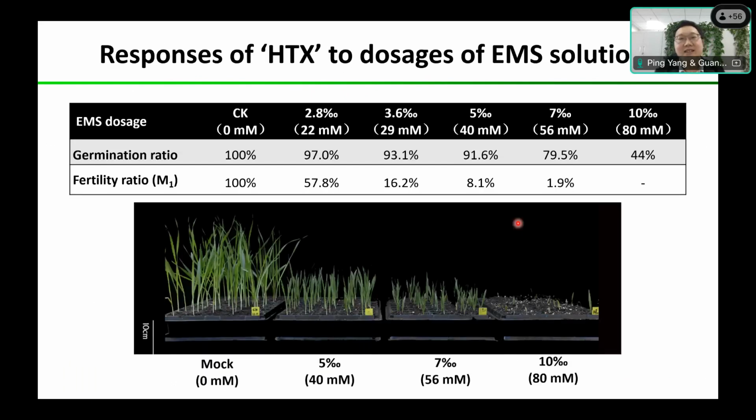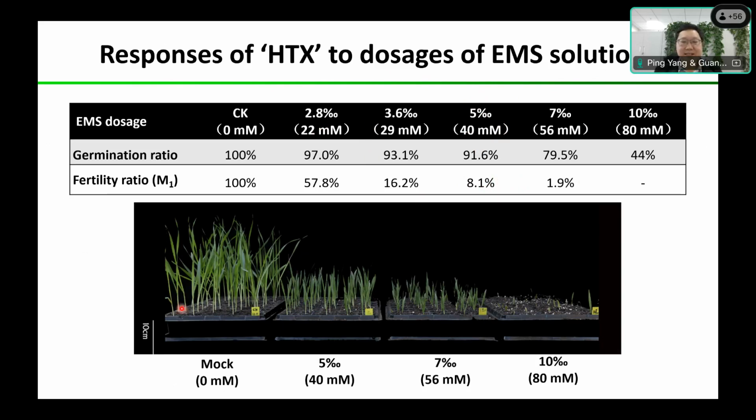When we started this work, we first tested the EMS mutagenesis solution to find the best dosage for the treatment. We tried several concentrations, and we realized that once the concentration is more than 40 millimolar, less than 10% of plants would be fertile.